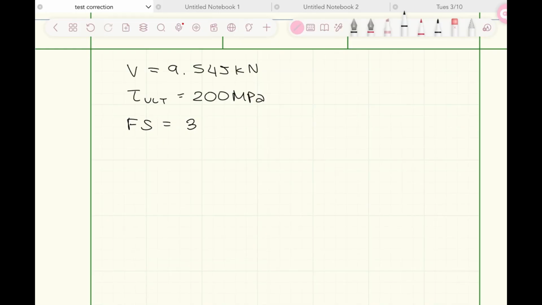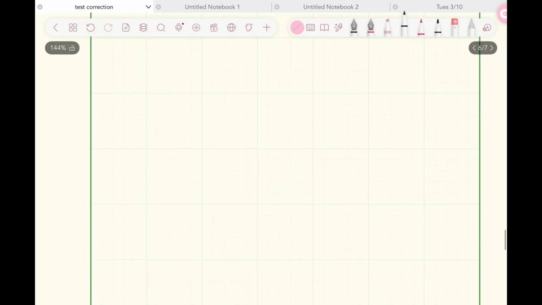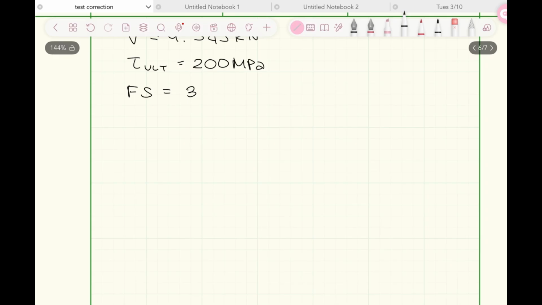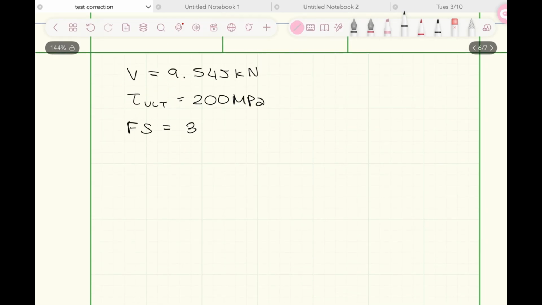So we have a given factor of safety of 3 and the ultimate stress is 200 megapascals. We have our V force, or our shear force that we just solved for, which is 9,545 newtons.